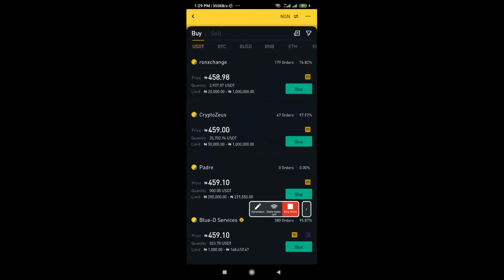Now I can see that there are various people here who want to sell their crypto. Somebody wants to sell his own at the rate of 458. Someone wants to sell his own at 459. Another person wants to sell his own at 459. Oh, sorry, someone wants to buy. Somebody wants to buy at 458, 459.